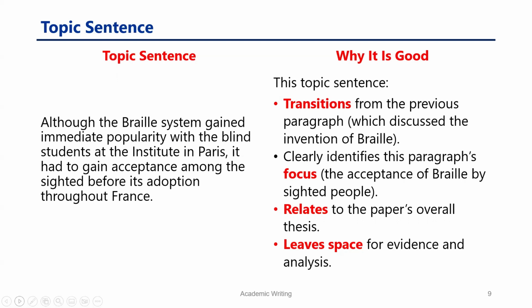It clearly identifies the focus of this paragraph, which is what? The acceptance of Braille by sighted people. It relates to the paper's overall thesis about the adoption of Braille as a written language for blind people. And it leaves space for evidence and analysis.